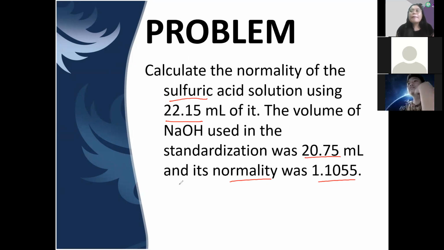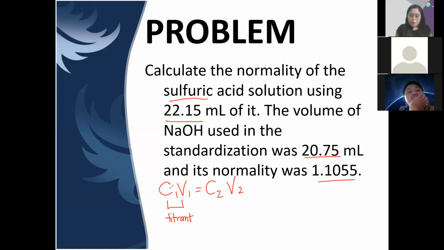actually, yung applicable na formula dito is hindi new sa inyo kasi pinagdaanan nyo ito sa PharmCal. Yung C1V1 equals C2V2, which is the formula for dilution process. Ito yung formula, di ba, sa dilution process natin. Like you have here the C1 for the titrant, both concentration and volume, and this will be for the sample.